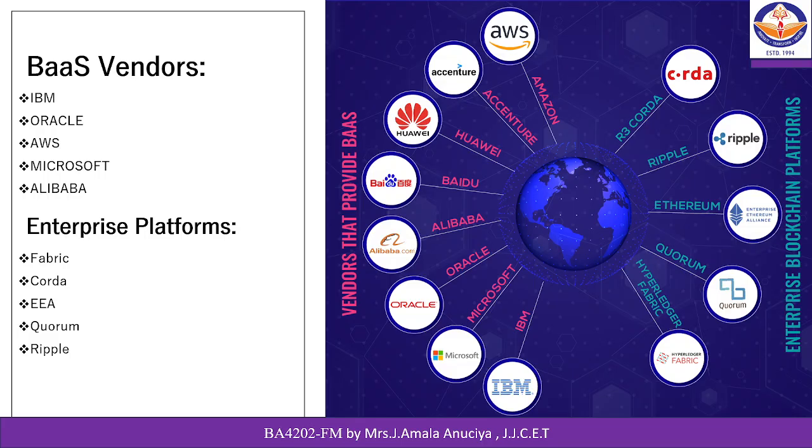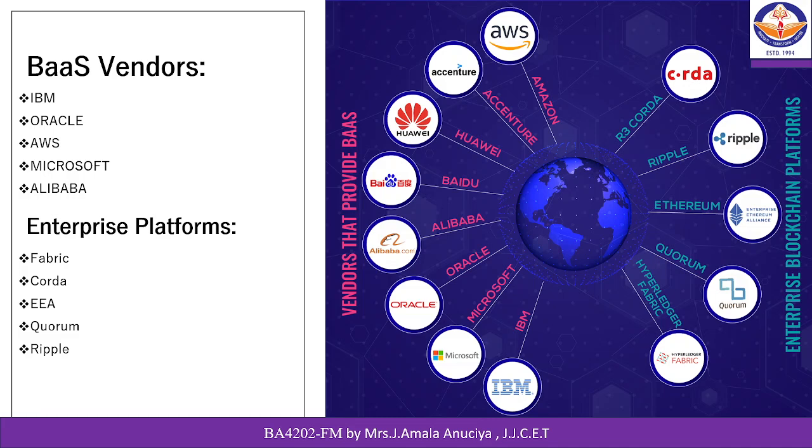There are a few vendors which offer blockchain as a service. We have different enterprise blockchain platforms such as Corda, Hyperledger, and Ethereum. And the next one is that it also gave rise to blockchain as a service, BaaS.